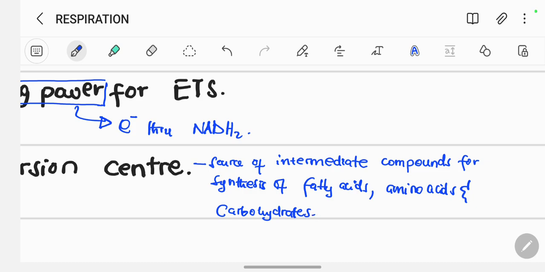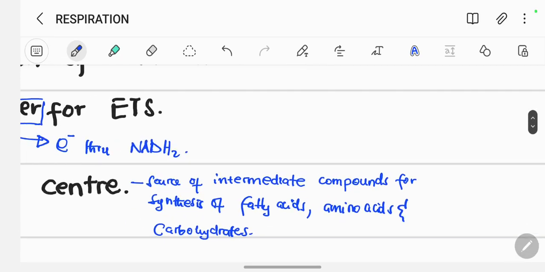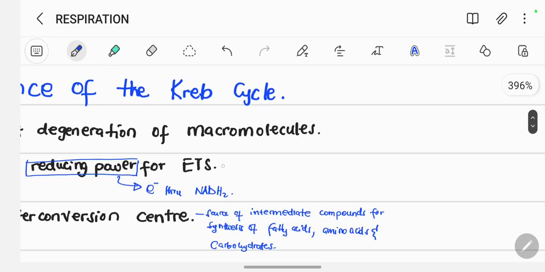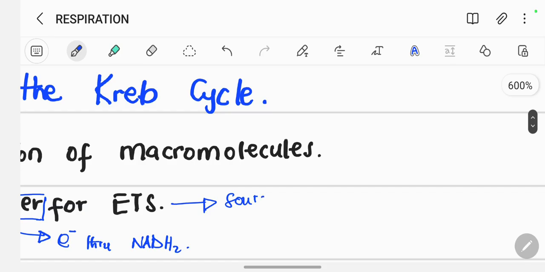It's also a source of hydrogen ions. It lies within the reducing power source. So how is it a source of these hydrogen ions?